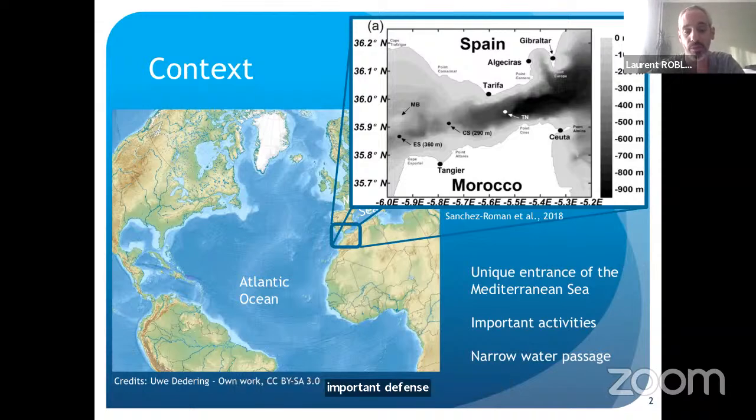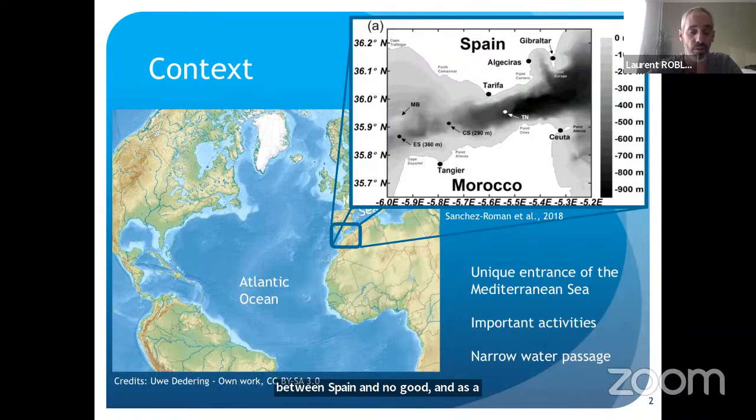This strait is about 60 kilometers long and has a width of about 13 kilometers at its narrowest point. The western end is located between Spain and Morocco and has a width of about 40 kilometers.